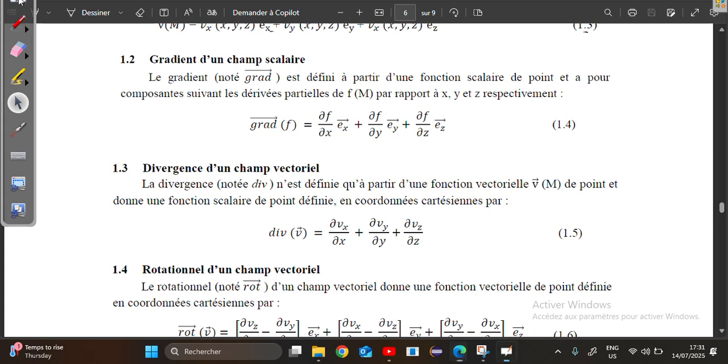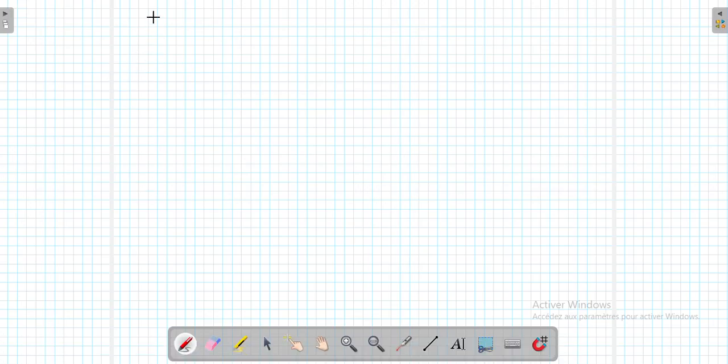So how do you find the divergence? Divergence comes from the word diverging. It's represented as div of a vector. What you do is you find the partial derivative.